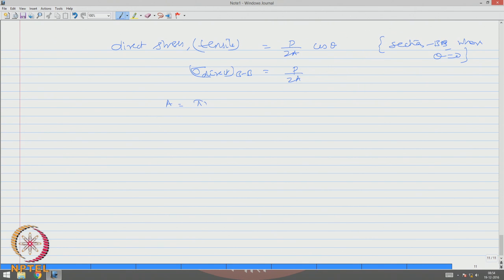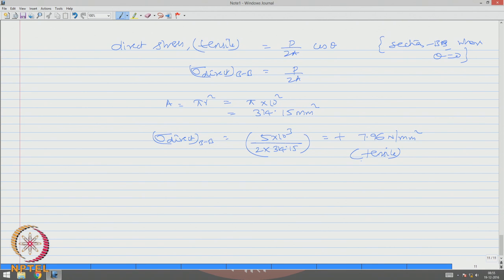Area in our case is pi r square, which is pi 10 square, that is the area of my cross section, which is 314.15 mm square. Therefore, the direct stress at section BB will be 5 times 10 power 3 by 2 times 314.15, which gives me plus 7.96 Newton per mm square, plus indicates it is tensile.